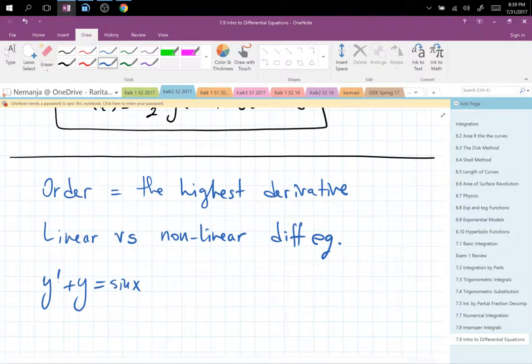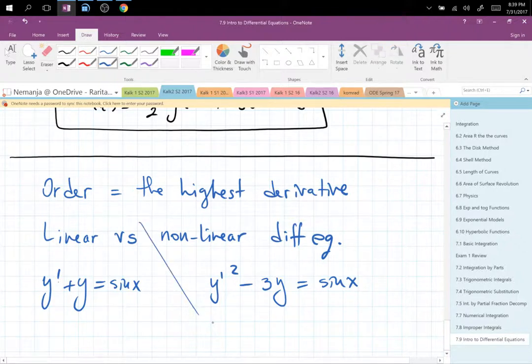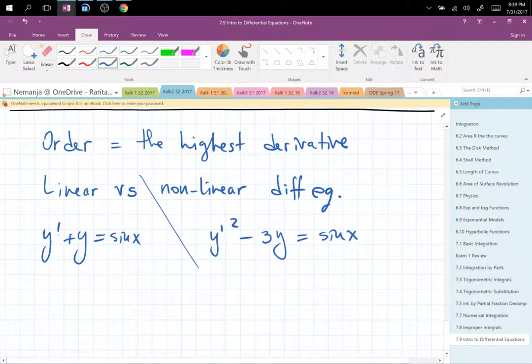And then if you have y prime squared minus 3y equal to sine x, this one is nonlinear. You see that there was a y prime squared. You might have, let's say, e to the y minus 2x equal to y prime plus 3.